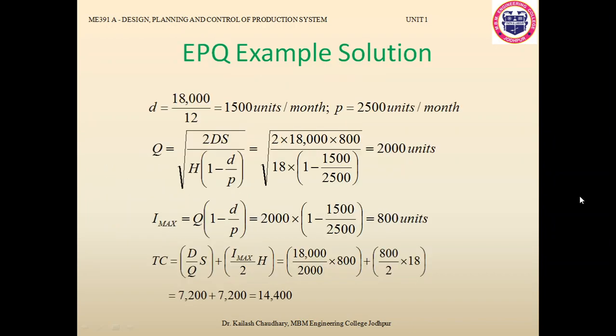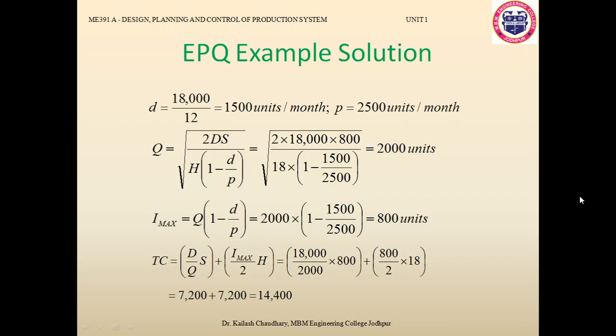So we calculate the total demand per month and total production per month, that is P. Then using D and P, we calculate the economic production quantity, that is 2000 units. Then we calculate the inventory, and using Q and the inventory we get the total cost. So the minimum quantity we need to produce is 2000 units, and that gives the minimum total cost of 14,400.